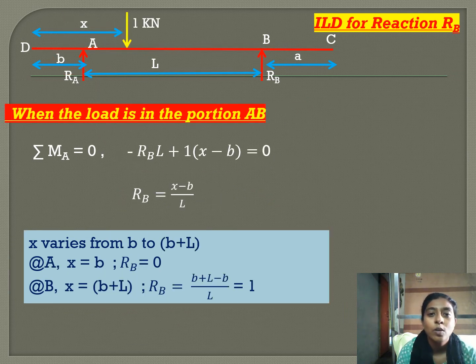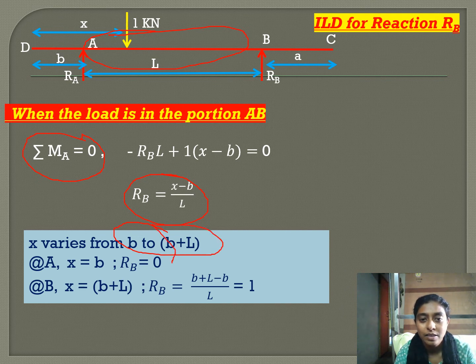Now when the unit load is in the portion AB, sigma MA is equal to 0, so RB is equal to (x minus B) by L. X is varying from B to B plus L. So the value for RB is 0, and at x is equal to B plus L it is 1.